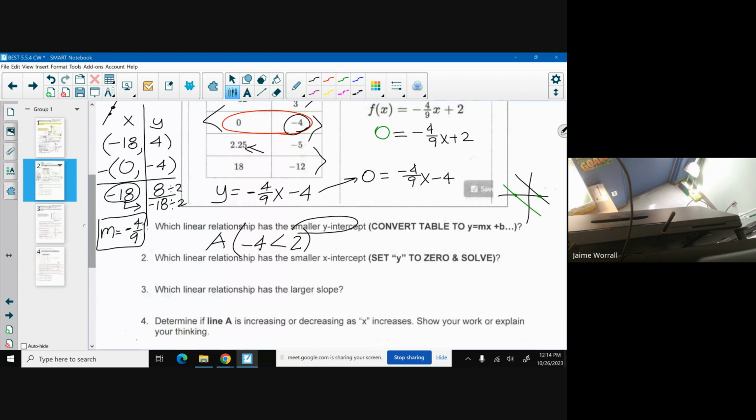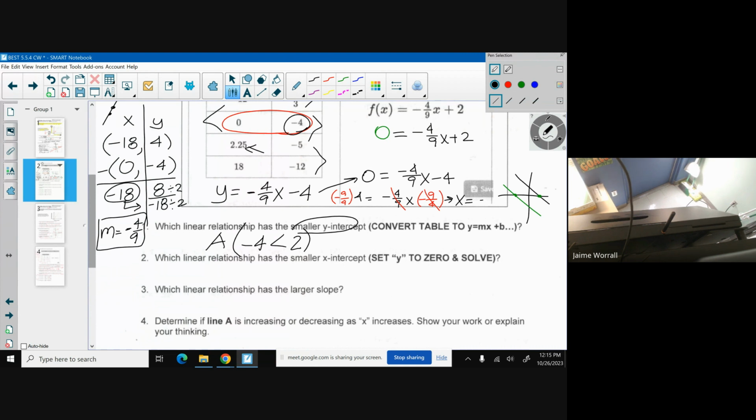And that's going to be, 9 times 4, negative. Then negative 9/4, multiplied by the reciprocal. This one looks like negative 9.